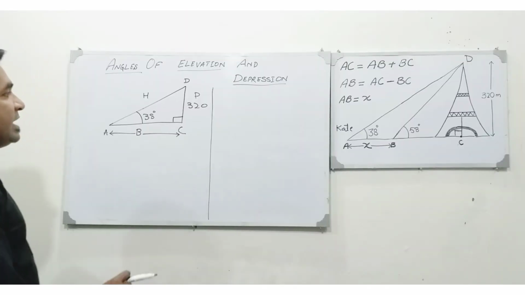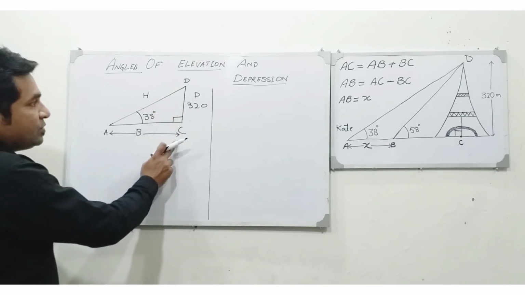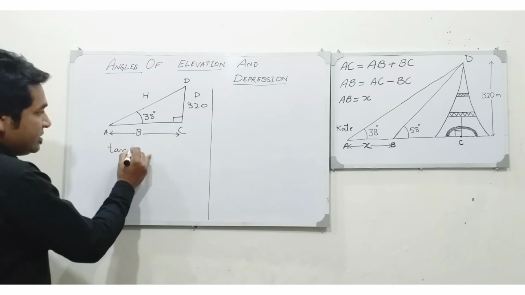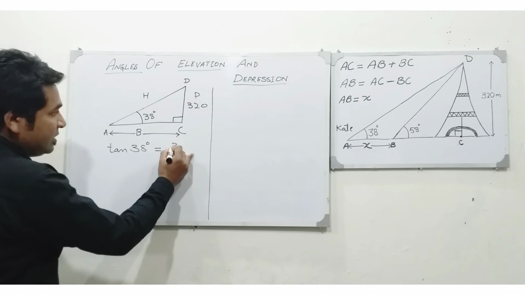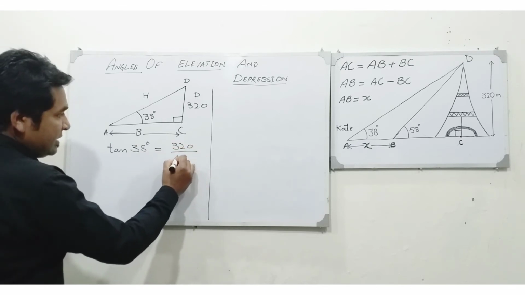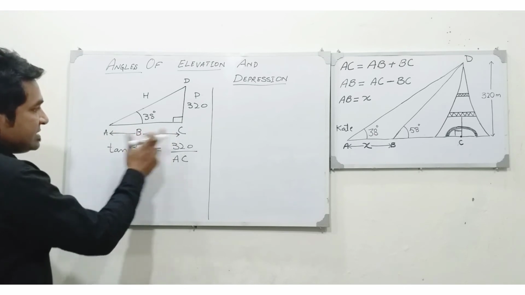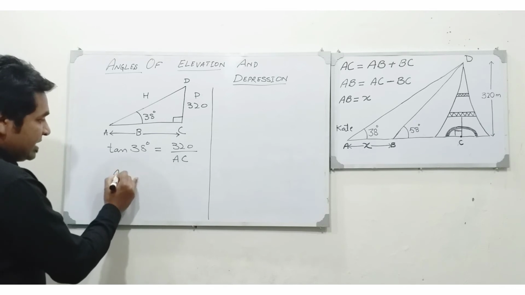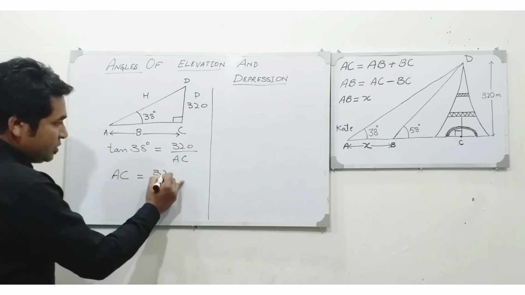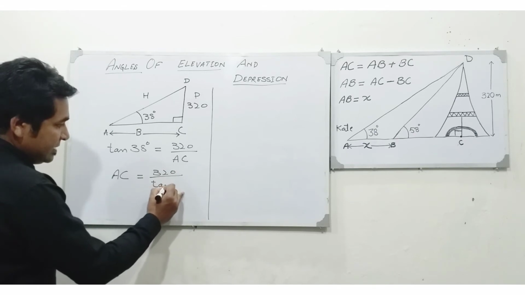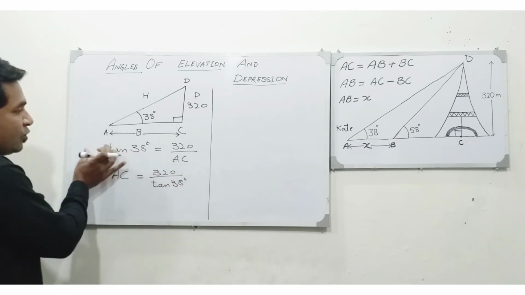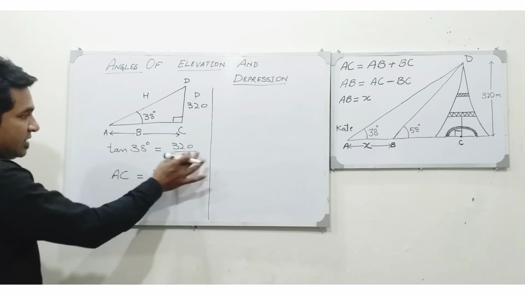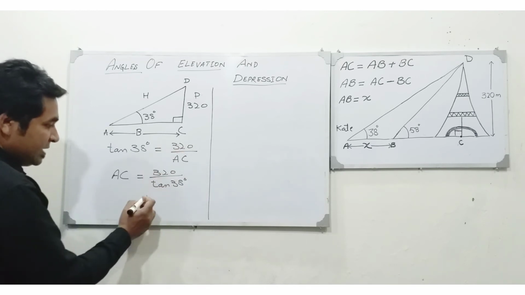Now we find the value of AC. This is perpendicular over base, so tan of 38 degrees is equal to 320 over AC, where AC is the base. Cross multiplying, AC equals 320 over tan 38, since tan 38 shifts to the other side and divides 320.